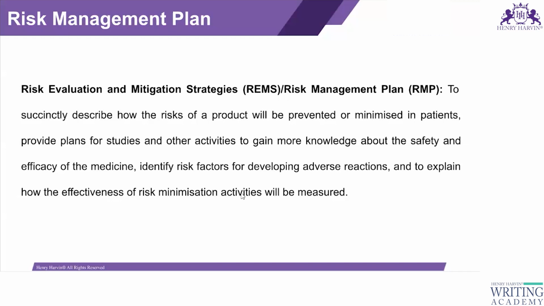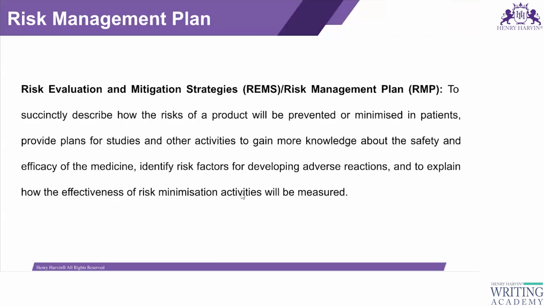And what is the information? First of all, how the information related to the risk will be collected, and what will be the measures taken by the marketing authorization holder related to the minimization of the risk. So how the risk of a product can be prevented or minimized in patients is explained in the risk management plan.